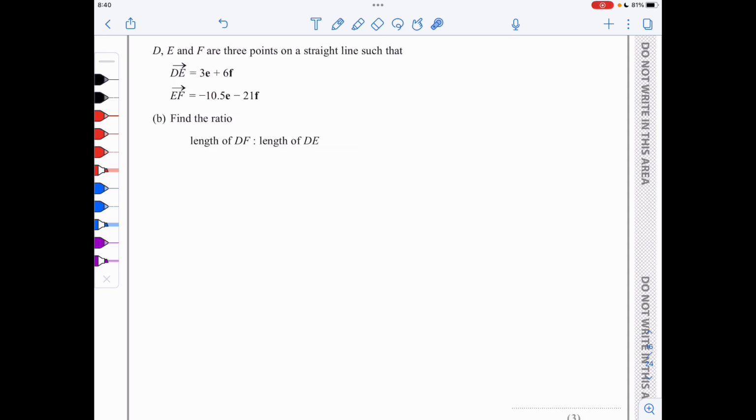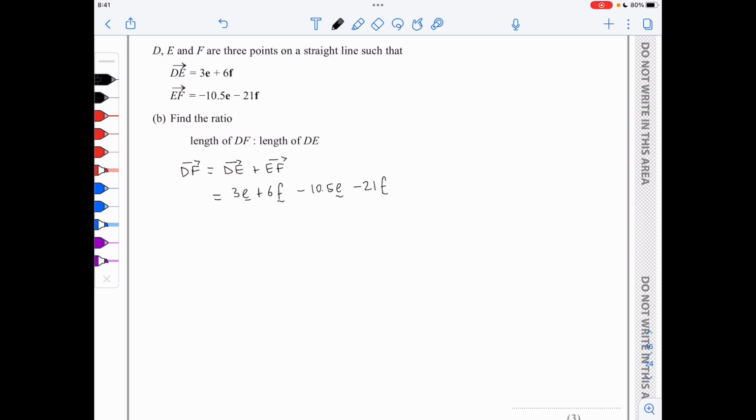In part B, we need to work out the ratio of DF to DE. We've got the vector DE and the vector EF. So we start by saying that the vector DF is simply DE plus EF. Well, DE is 3E plus 6F, and EF is minus 10.5E minus 21F.